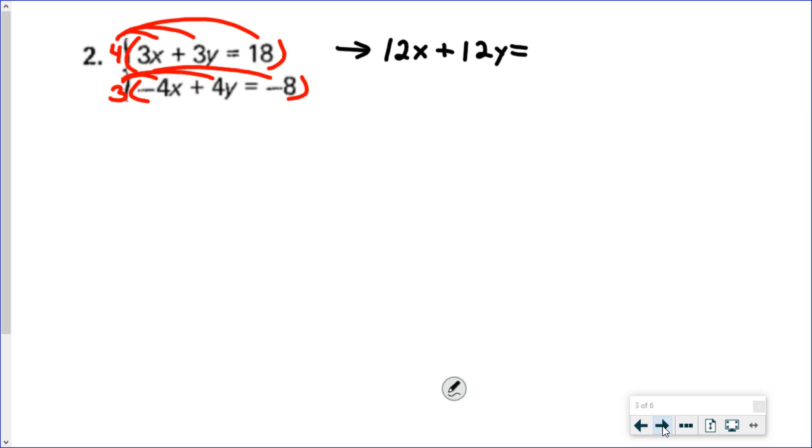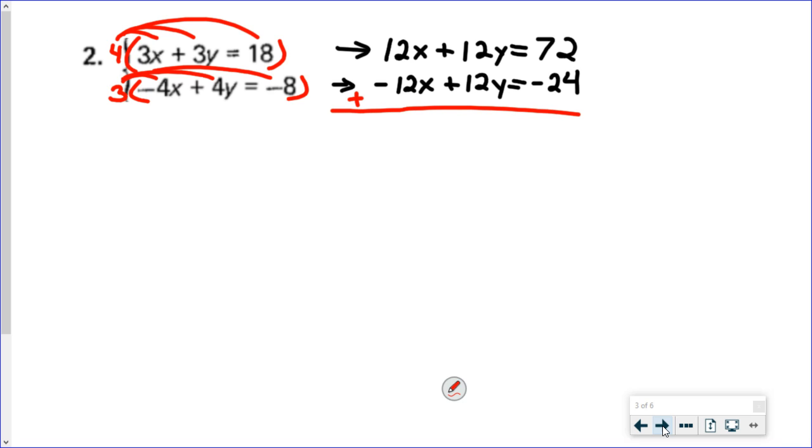Now, if you're unsure what 4 times 18 is, you take out your calculator and you get 72. Now the bottom one, -12x, positive 12y, and -8 times 3 is -24.